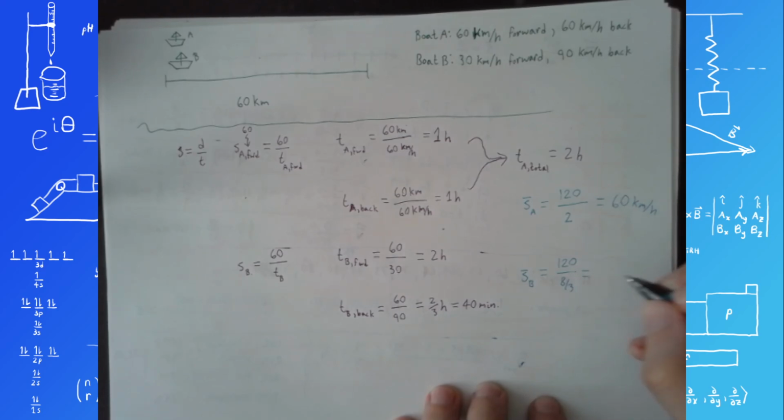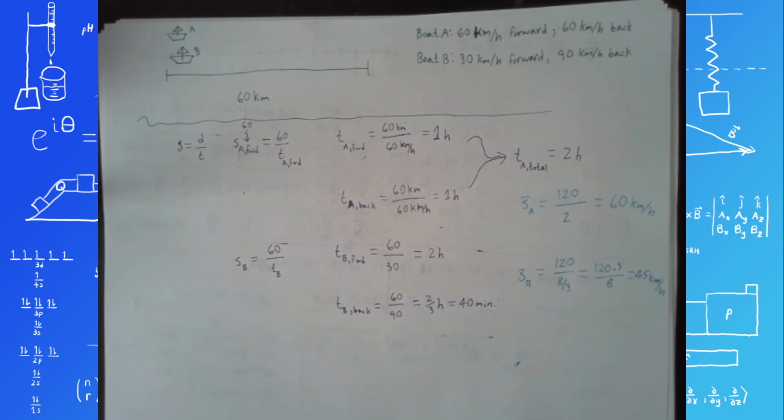Which is the same as 120 times 3/8. 120 over 8 is 15, and 15 times 3 is 45. 45 kilometers per hour.